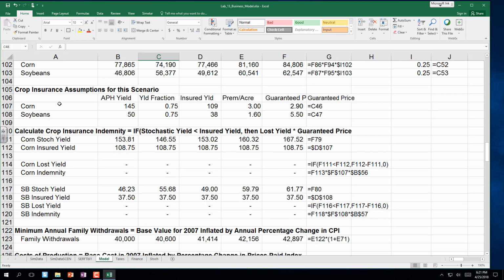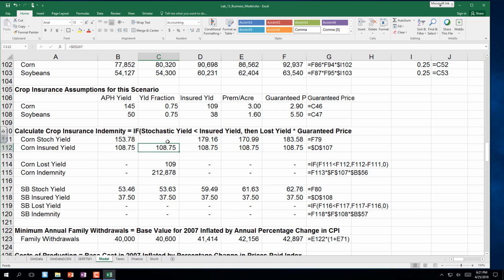So back down to line 107, we have a guaranteed price for the two, and the indemnity. Now, the only way that you can find out if this is working is the following. Hit save. Then come in here, pick one of these stochastic yields, first year, second year, and type in 0.